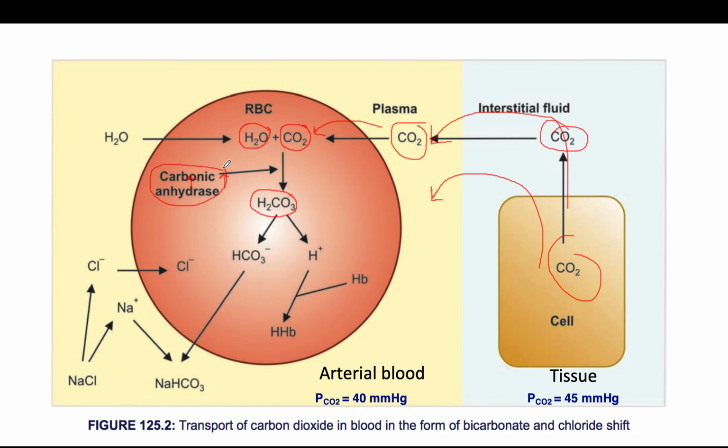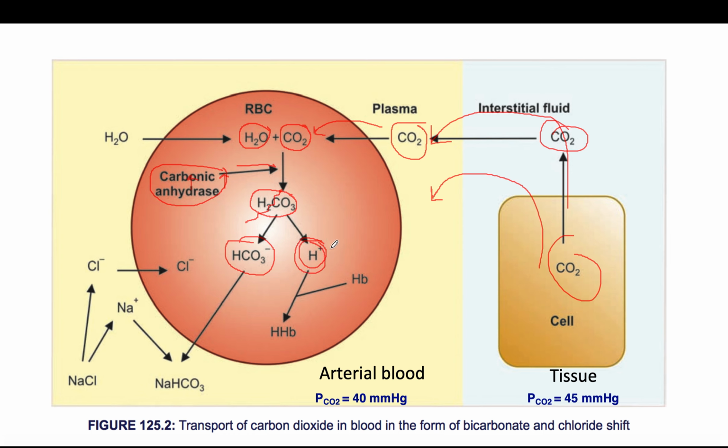This carbonic anhydrase will speed up the formation of carbonic acid. This carbonic acid is unstable, so it will split up, and when it splits up, it will form the hydrogen ion as well as the bicarbonate. So right now we have the H+ ion.